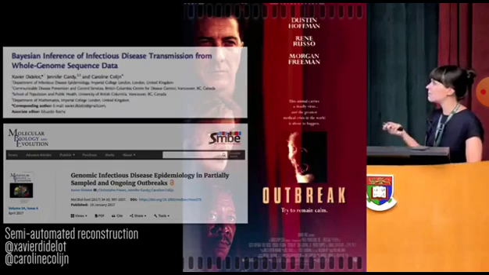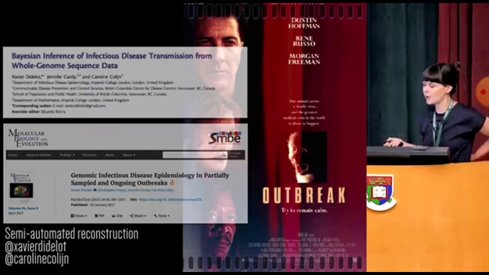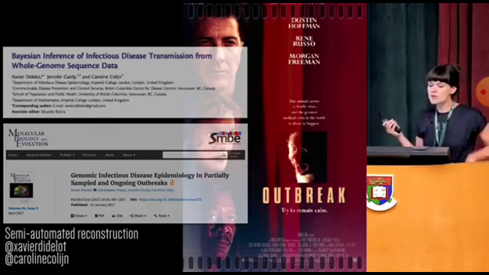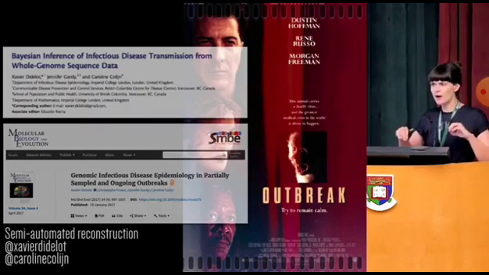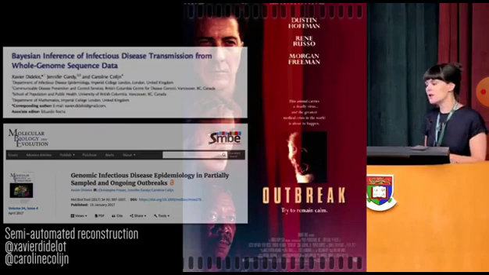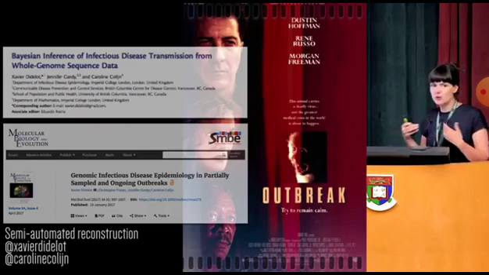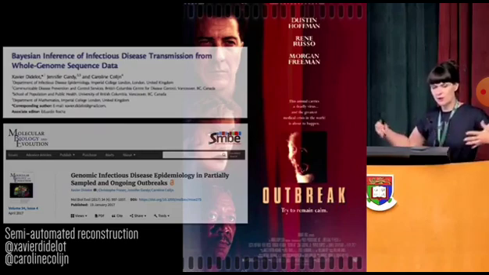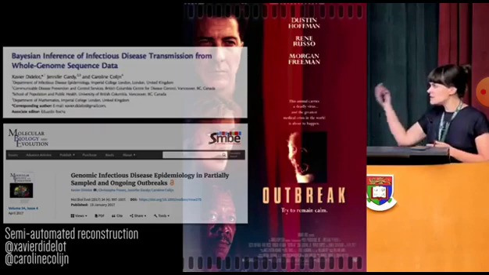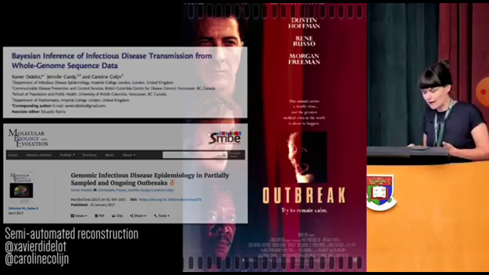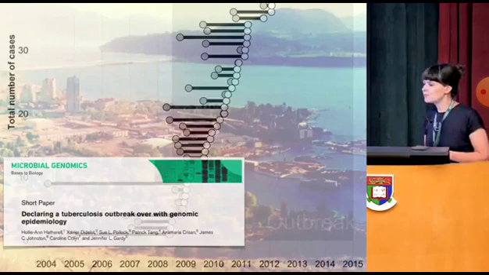This was out in MBE earlier this year, and this is all work with Xavier and Caroline at Imperial. So this really took our genomic epidemiology into a space where it didn't require so much manual intervention. We could instead feed genomic data from larger outbreaks and larger sets of outbreaks into these methods to give you a bit of an analytical kickstart.